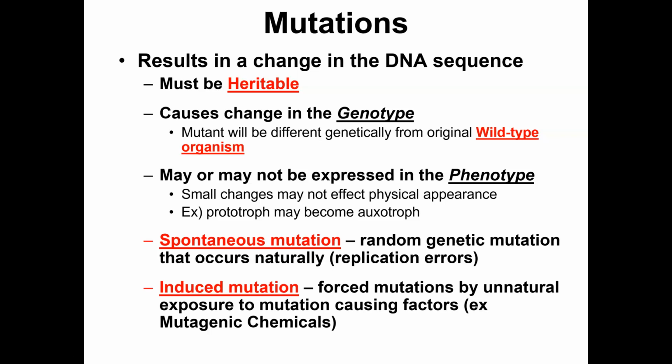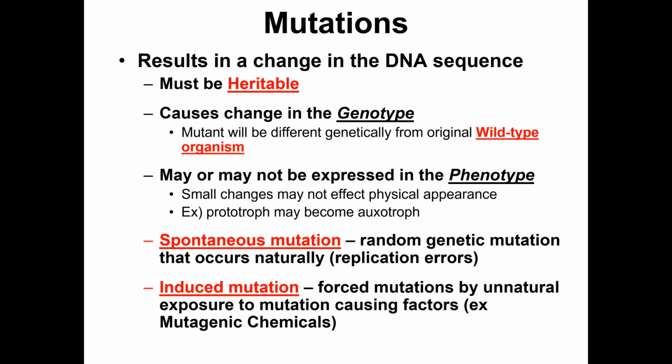All right, so like I said, most mutations are purely spontaneous. DNA polymerase is not perfect. It does leave the occasional mistake behind. Most mistakes happen during replication. But as we'll see, we can also induce mutations. We can force DNA polymerase to make more mistakes by exposing it to mutagens.